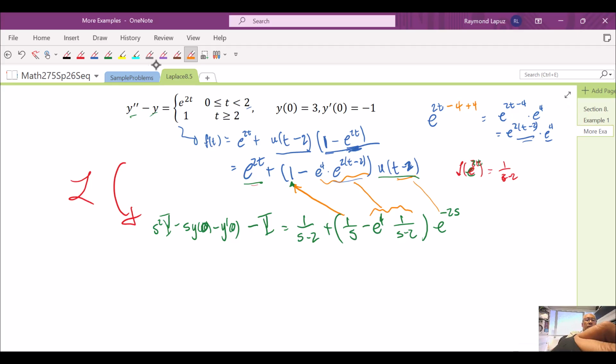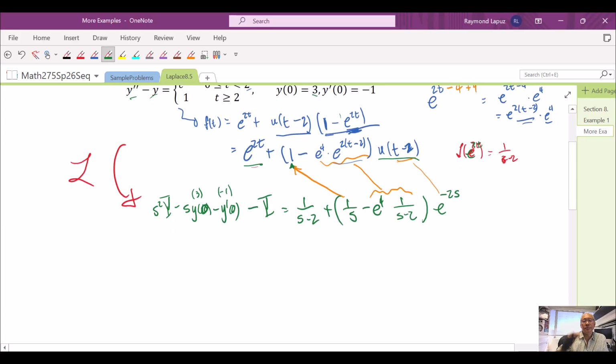Okay, let's put in some values that we can get from the real world. y of 0 is equal to 3. This is going to be negative 1. So let's write it here first. s squared Y minus 3s minus negative 1 minus capital Y. I guess I could just say Y because we're in the Laplace world, that's understood to be capital Y. This is by itself, s minus 2.